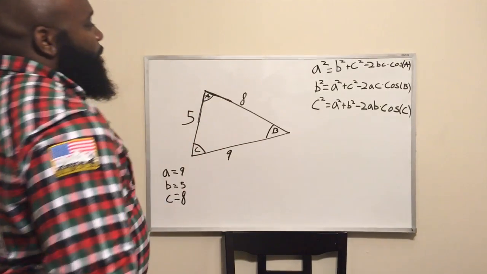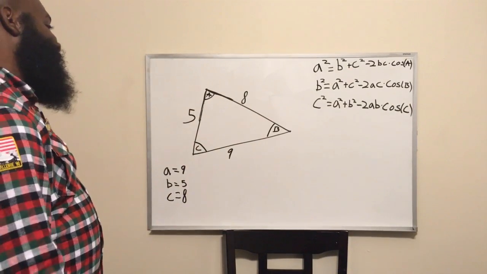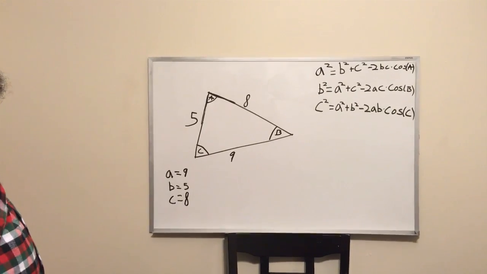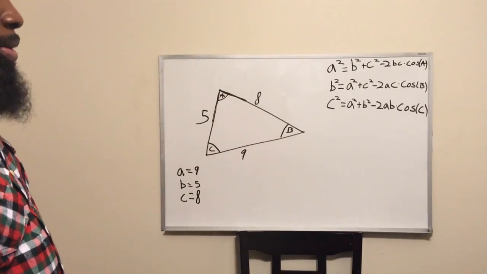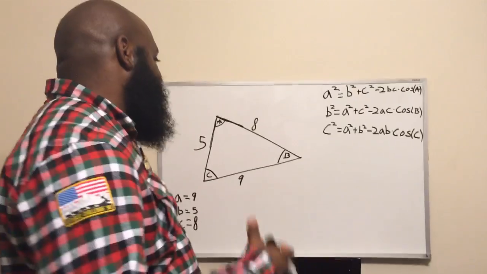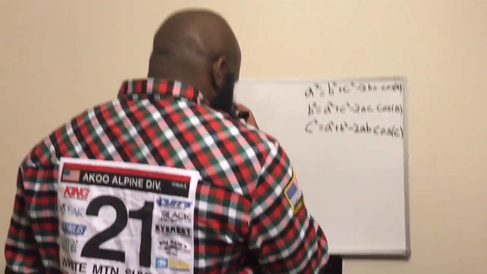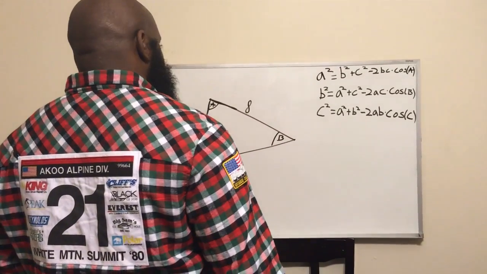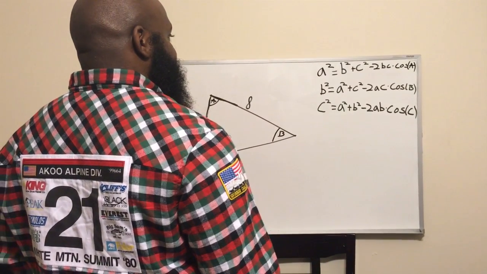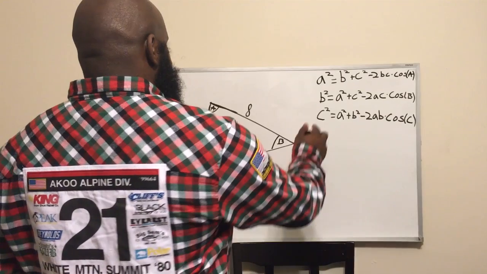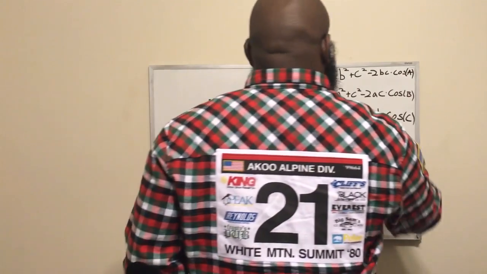We need to find at least 2 of these angles, and we'll find the other by subtracting the sum of the 2 angles from 180. Let's start with A.